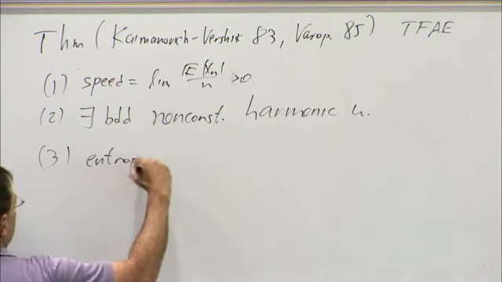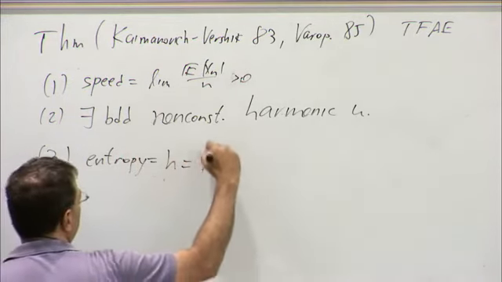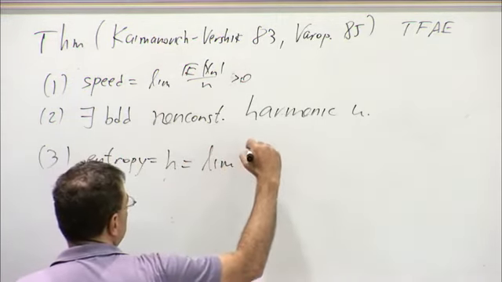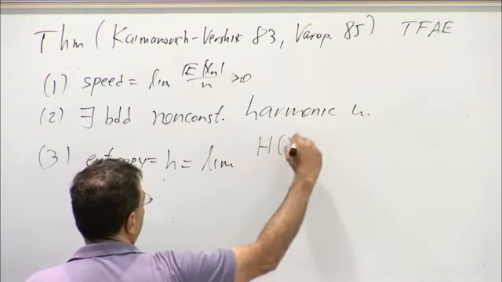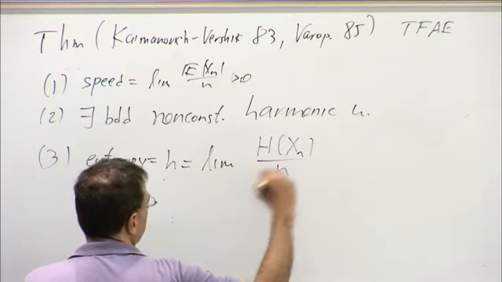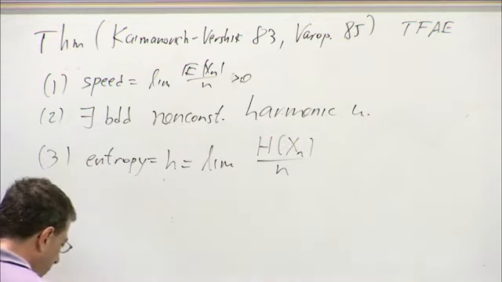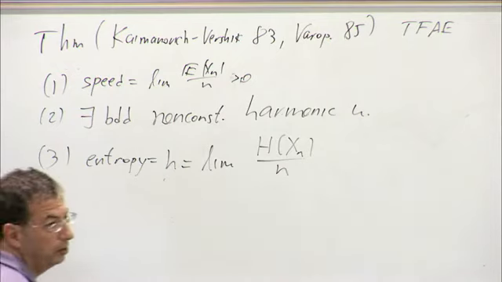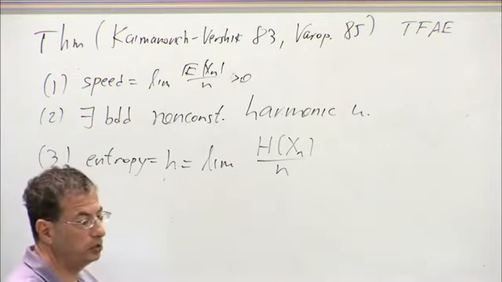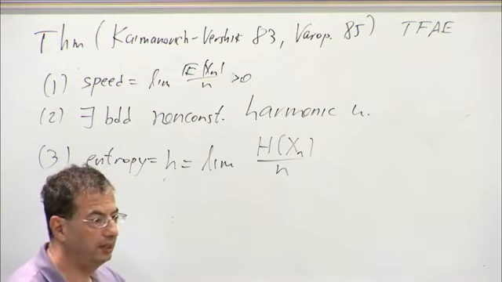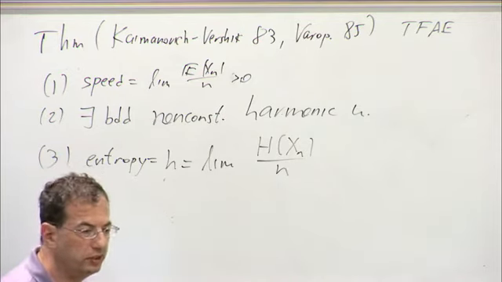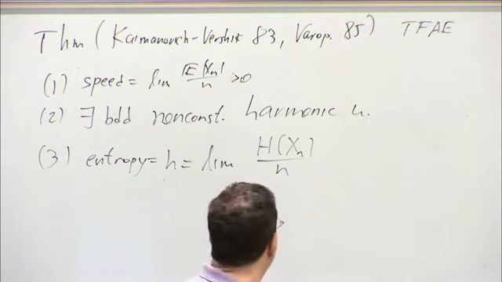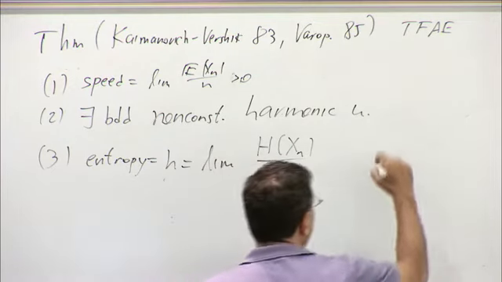The entropy, call it h, is the limit of h of xn over n. So the entropy of a random variable is just the entropy of its probability distribution. This random variable takes finitely many values. I recalled the definition of entropy in the handout. And again, there is a subadditivity.